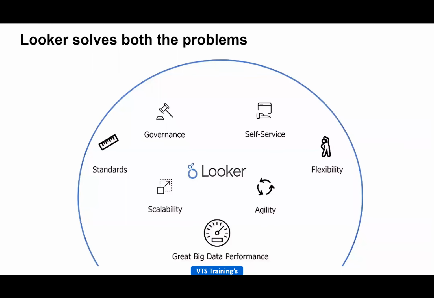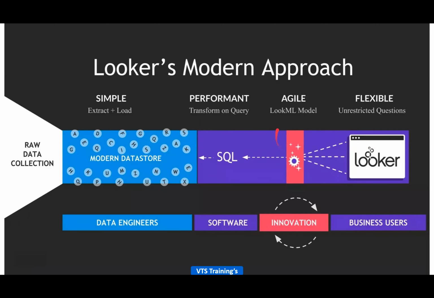Clear, guys? So Looker solves all those problems: governance, self-service, flexibility, agility, standardization, scalability, performance, everything. So here in the agile layer, what we said is the semantic layer, where we can define our dimensions, measures, and calculations, and where we standardize our metrics.